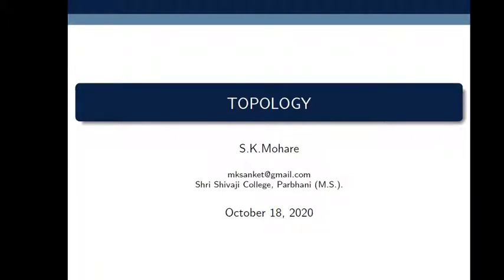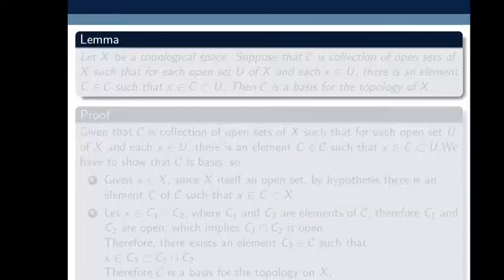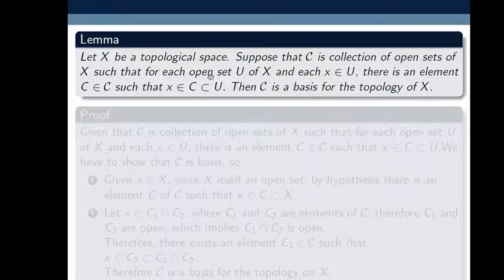In the earlier lecture, we discussed the definitions for a basis for a topology, and also the topology tau generated by a basis. Now let's have the next lemma. Let X be a topological space.